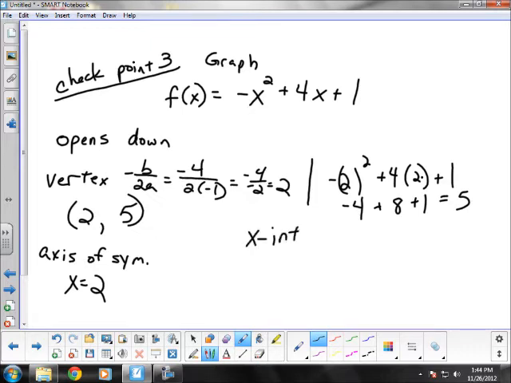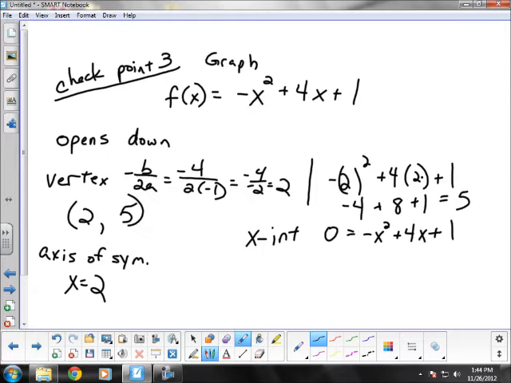My x-intercept, 0 is equal to negative x squared plus 4x plus 1. That's not going to factor nicely, right?